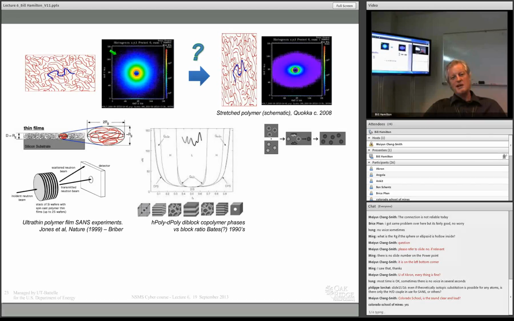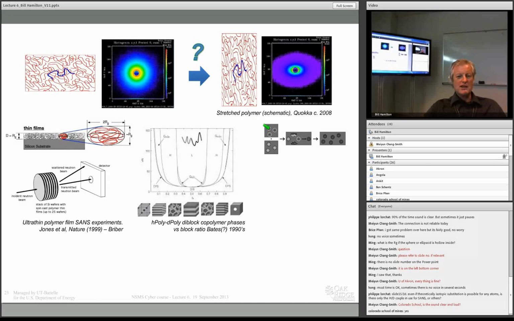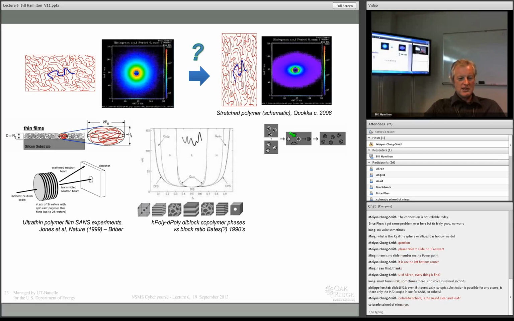If you were worried about how molecules exchanged in suspensions of micelles, what you could do is build a whole bunch of hydrogenous micelles, or deuterated micelles, and then hydrogenous micelles, and you could throw them together in solution, and then you could do scattering that would see that as time went on, the micelles would mix. Molecules from this micelle would leave, transfer through the solution, and wind up in another micelle.